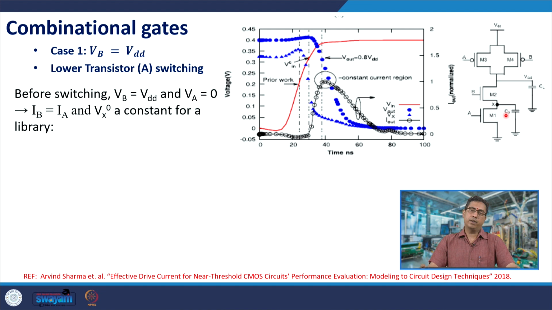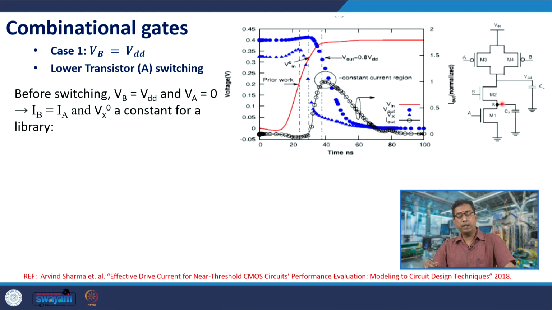First thing is, in combinational logic gates we would not be discussing a series stack larger than 3 transistors. The reason is that in near threshold voltages, whenever a discharge is happening through this series stack for the output capacitance, the gate voltage of the upper transistor is Vb minus Vx.